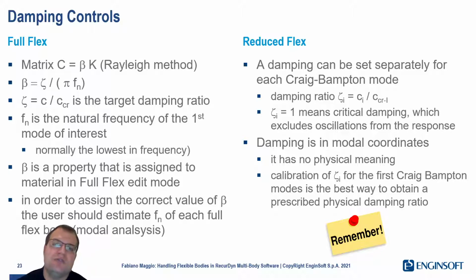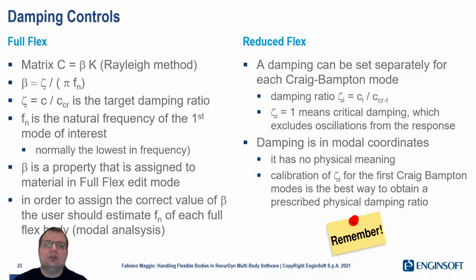With the reduced flex approach, the damping is applied in a totally different way. As said, the reduced flex body is a set of modes with no physical meaning. So the only thing you can do is give a damping ratio to each mode, where of course 1 means critical damping and numbers below 1 are fractions of the critical damping. This damping is not physical.